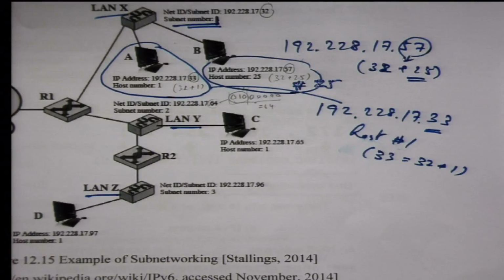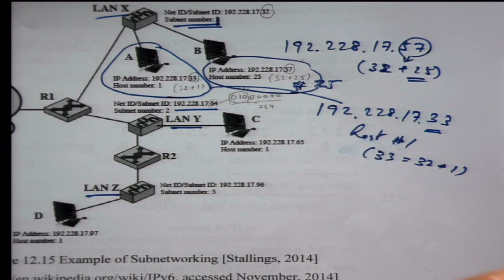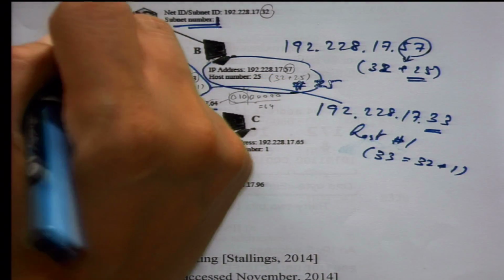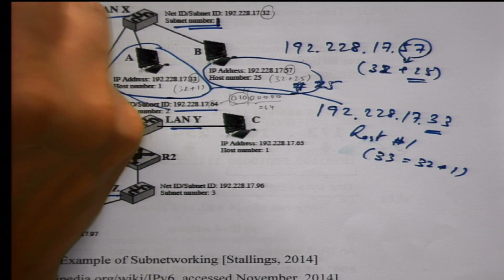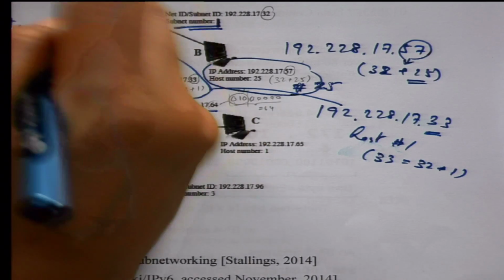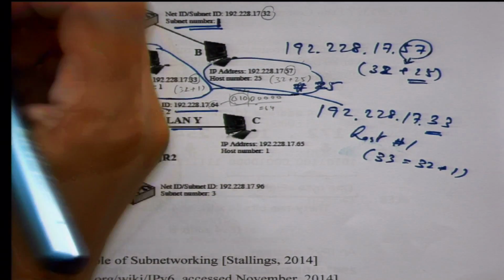Okay. Now for LAN Y, LAN Y has a subnet of 192.228.17.64. Okay, and this is subnet number 2.